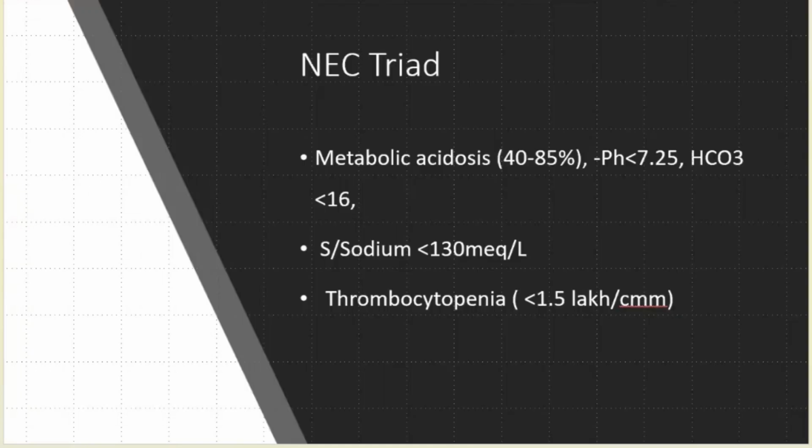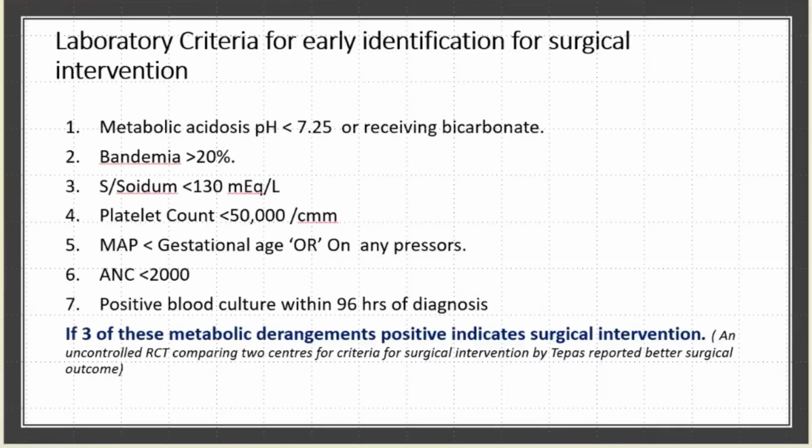The NEC triad, as we all know, is metabolic acidosis with bicarbonate less than 16 and pH less than 7.25, serum hyponatremia and thrombocytopenia. Early identification of need for surgical intervention was studied in an uncontrolled RCT, and they found that out of these 7 criteria, if 3 are positive, you should consider surgical intervention for a better outcome.